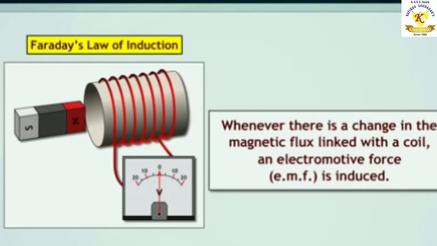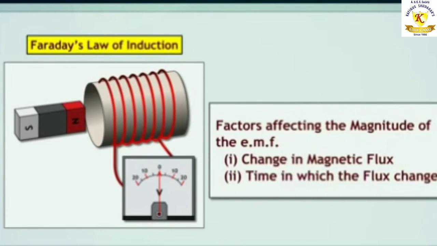Faraday's law of induction. Whenever there is a change in the magnetic flux linked with a coil, an electromotive force, that is EMF, is induced. The magnitude of the induced EMF is directly proportional to the rate of change of the magnetic flux linked with the coil.